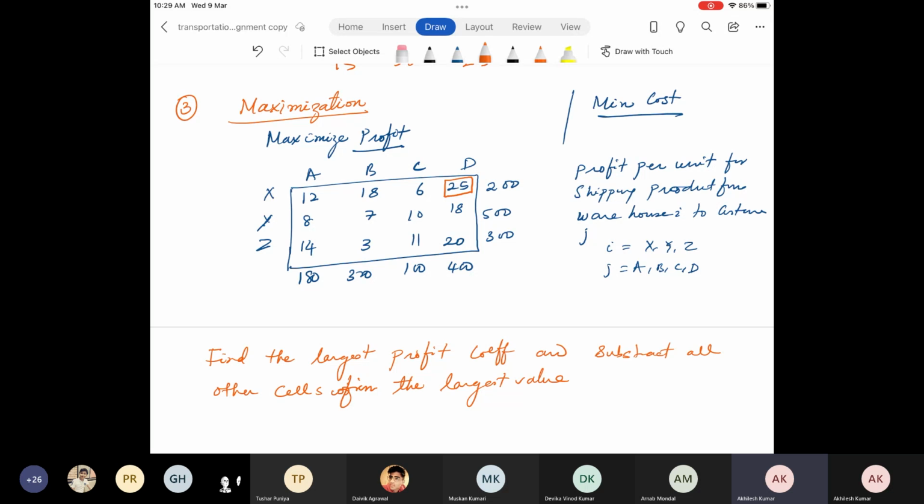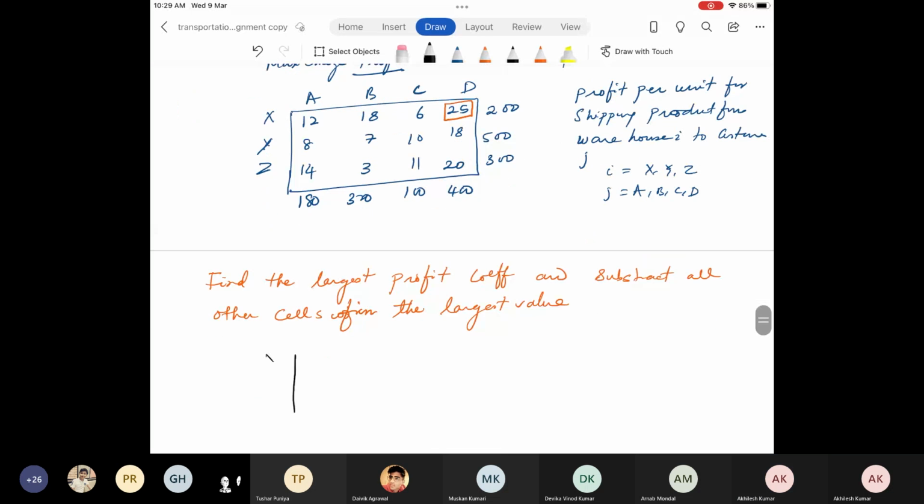Suppose in this table 25 is the largest, we will make an equivalent table X, Y, Z, A, B, C, D. I will subtract each one of them from 25.